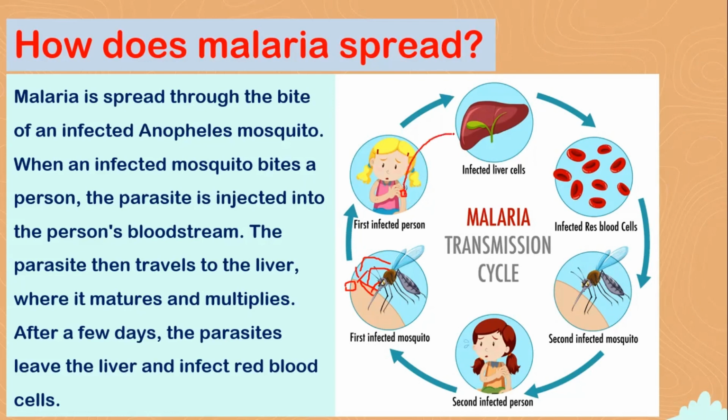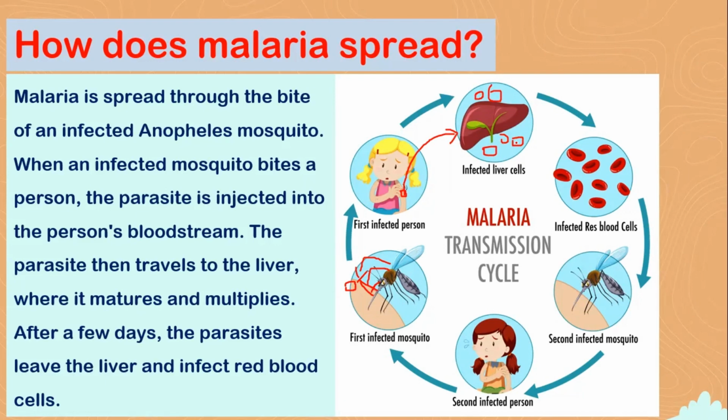This parasite then travels to the liver, where it matures and multiplies. Here it matures and multiplies.